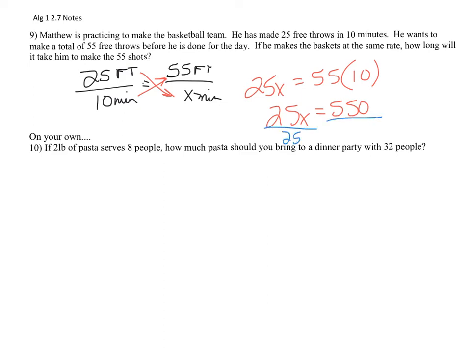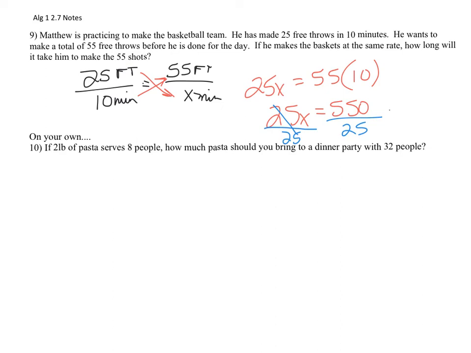Divide both sides by 25, and you might think you need a calculator for that. Those 25s are going to cancel out, but if we think about money, we've got quarters sitting there, and we know we have 4 quarters in $1. It's going to take me 20 quarters to get to $5, and I'm going to need 2 more to get to another 50.